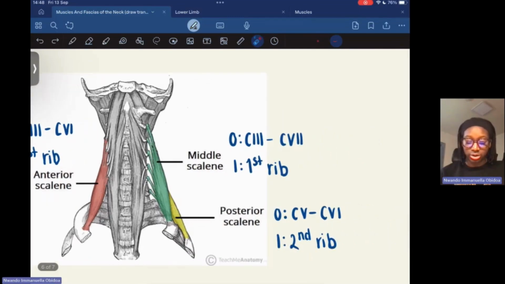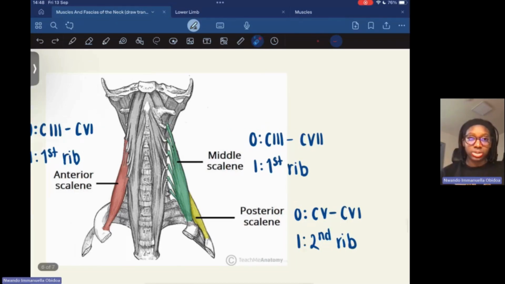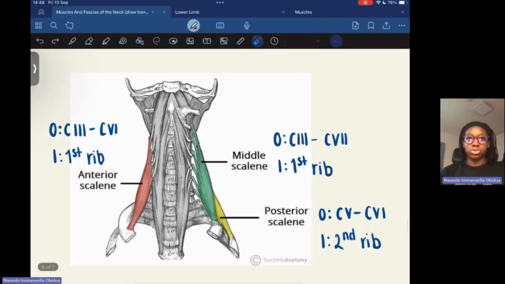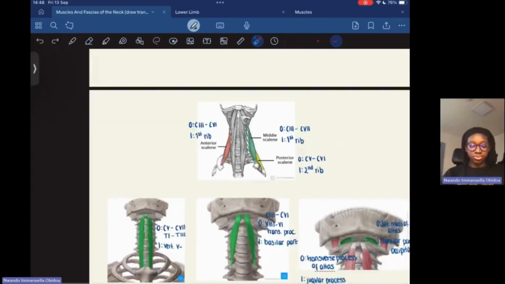And then the posterior behind the middle, cervical vertebra 5 to 6, and inserts on the second rib. All these muscles are involved in accessory inspiration as they are attached to the rib cage. So they will help move the rib cage up so that the lungs can expand. And then these muscles also do ventral flexion and lateral flexion.